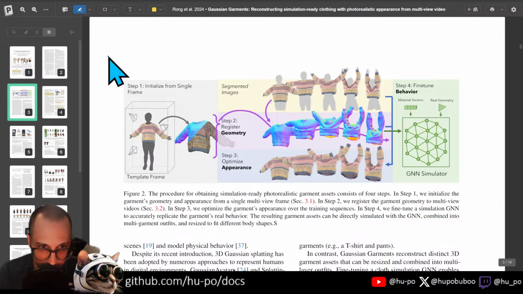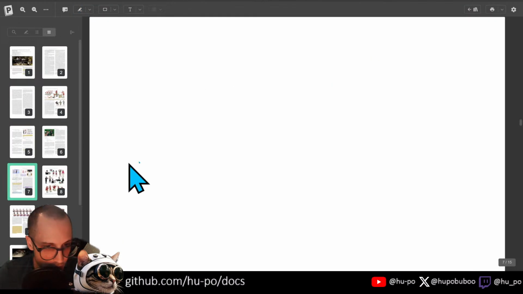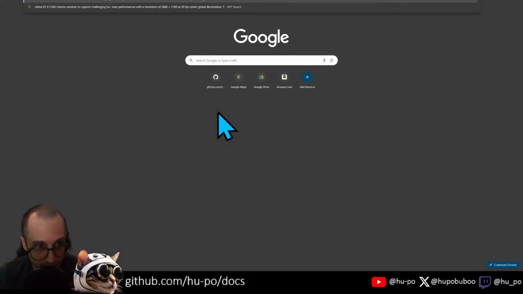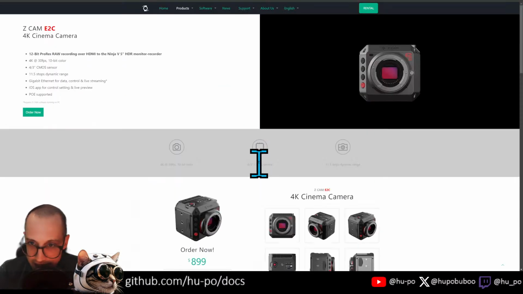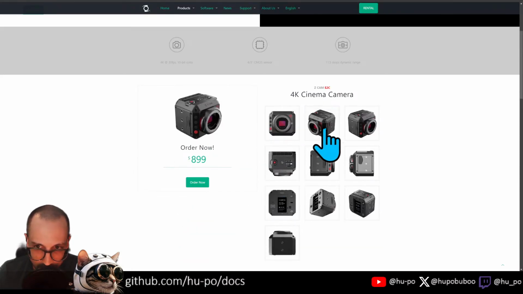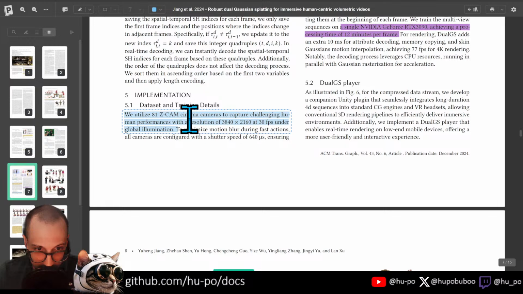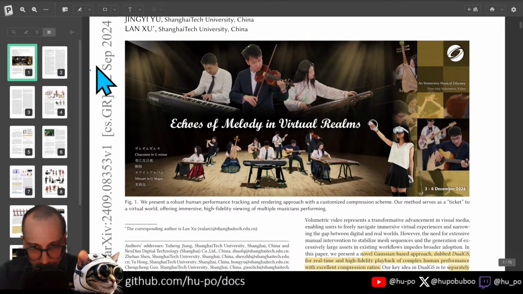Here they have the multi-view, these giant setups. I think they describe one of them right here. Yeah, 81 Z-Cam cinema cameras. Look at this, Z-Cam cameras. These are expensive, you know what I'm saying? These are $900 cameras, and they have 81 of them. So nobody's going to be able to replicate this, right?